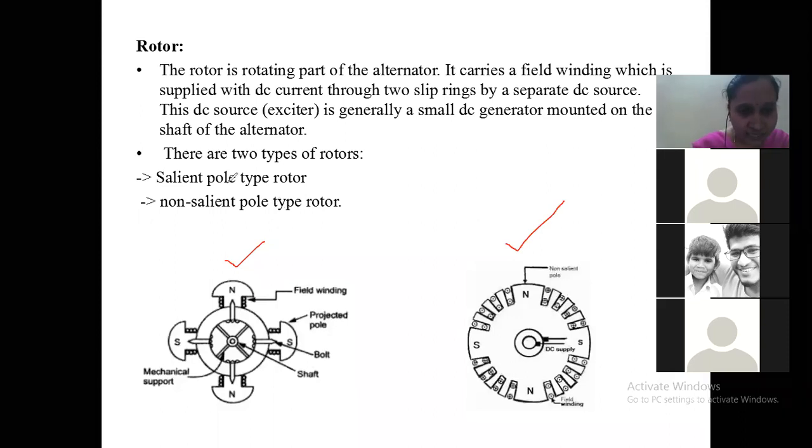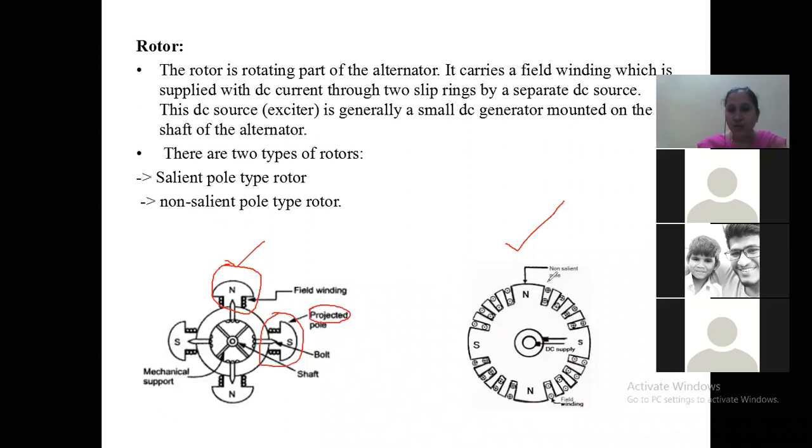You can see here, in the salient pole type of rotor, these are the poles, which are directed towards the armature winding. We have how many poles here? Four poles are available here, and we are going to call them projected poles.